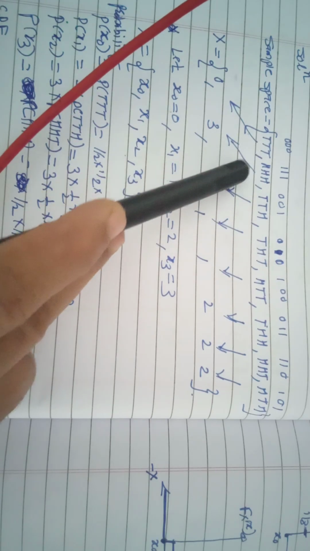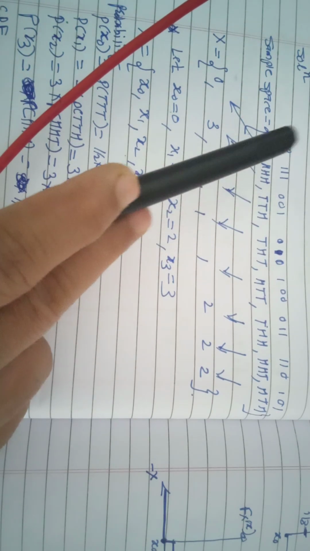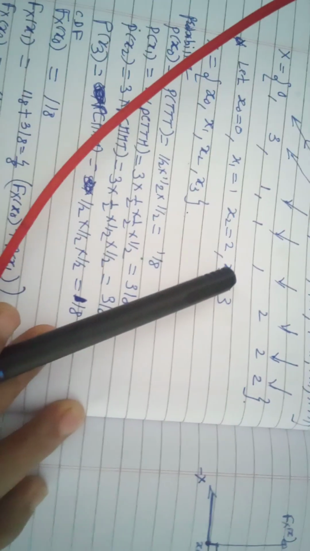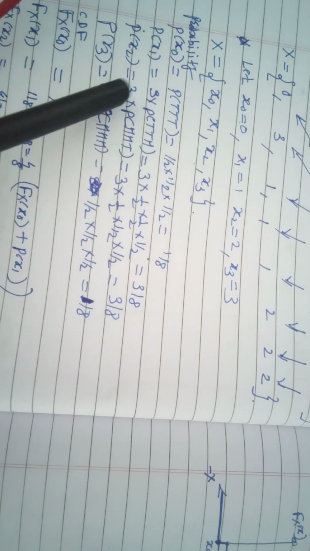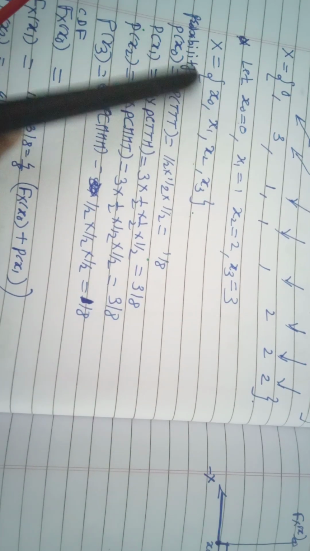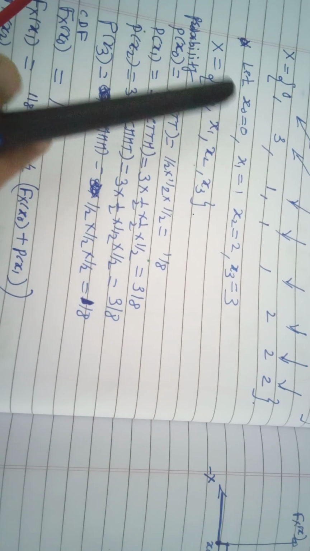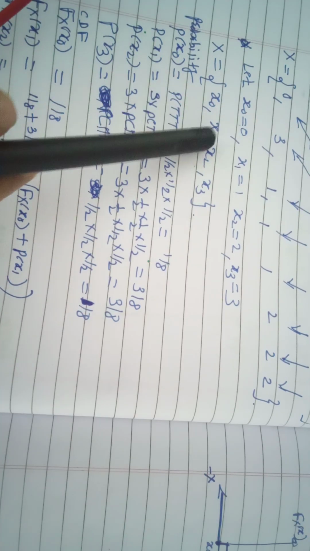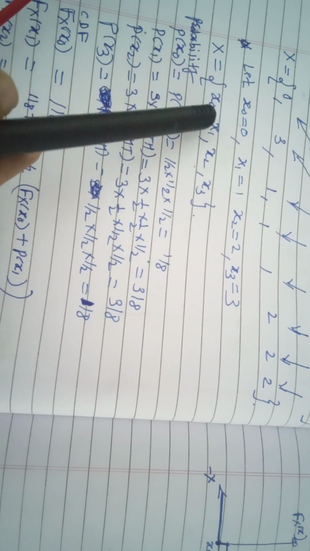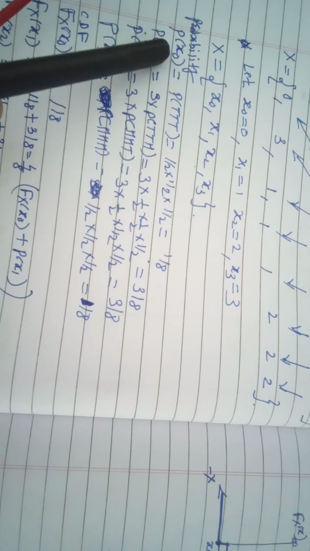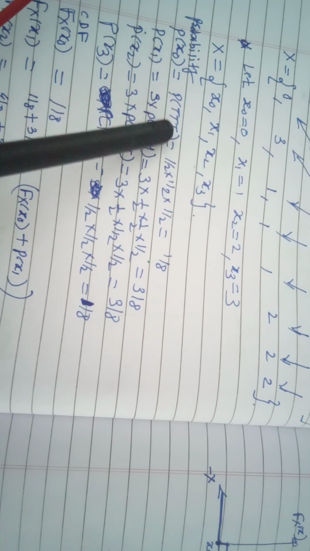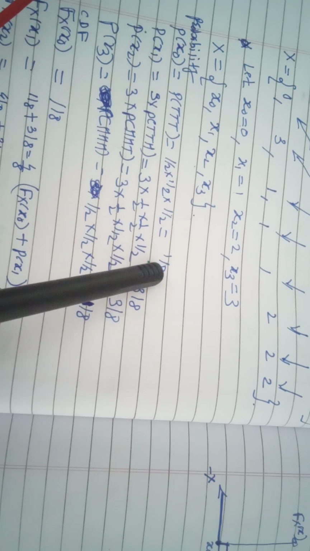So this is one point. Now you have to find the probability of the random variable values. The random variable has values x0, x1, x2, x3. The probability of x0 is the probability of triple T, which is 1 by 8.